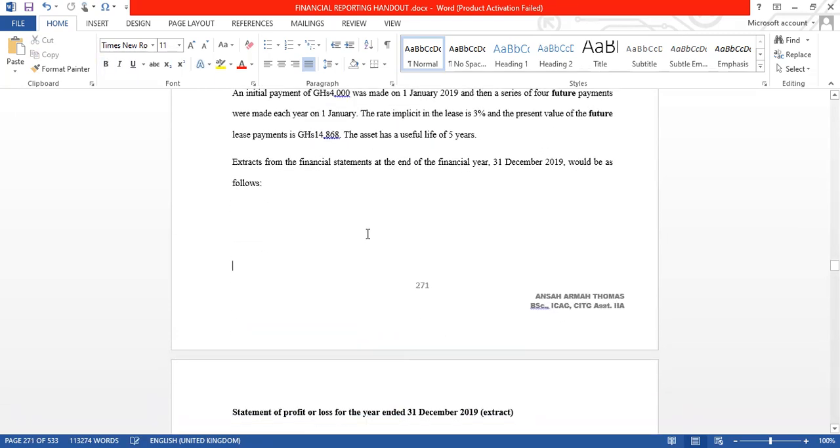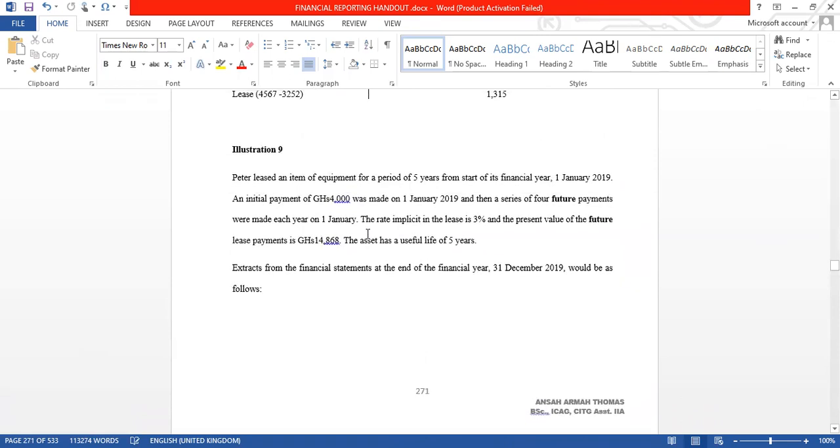Illustration 9. Let's go through illustration 9 and we can close for today. The question says they have equipment for a period of 5 years at the start of the financial year. On January, initial payment.